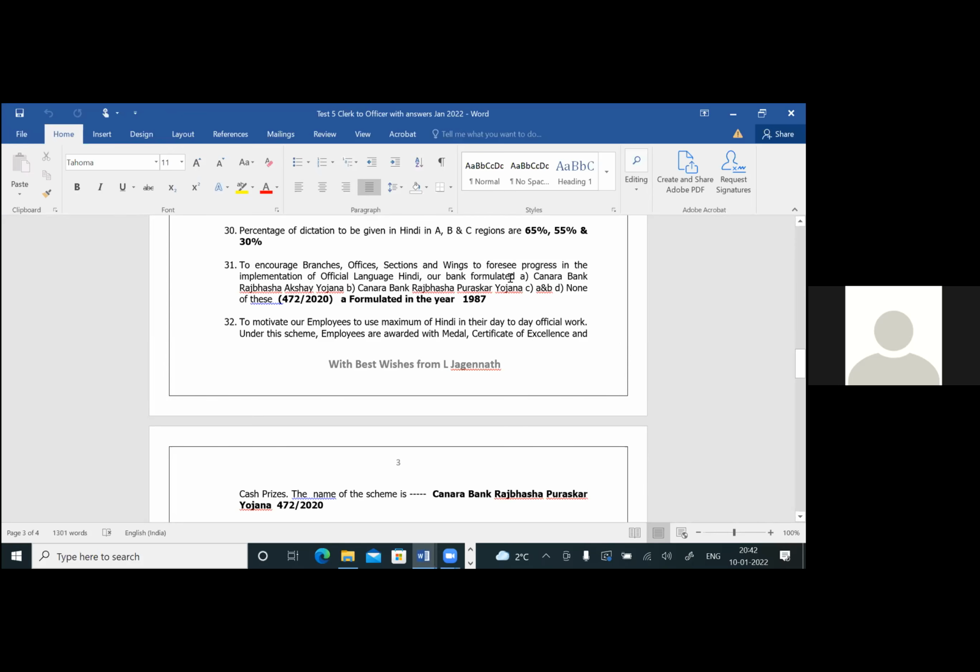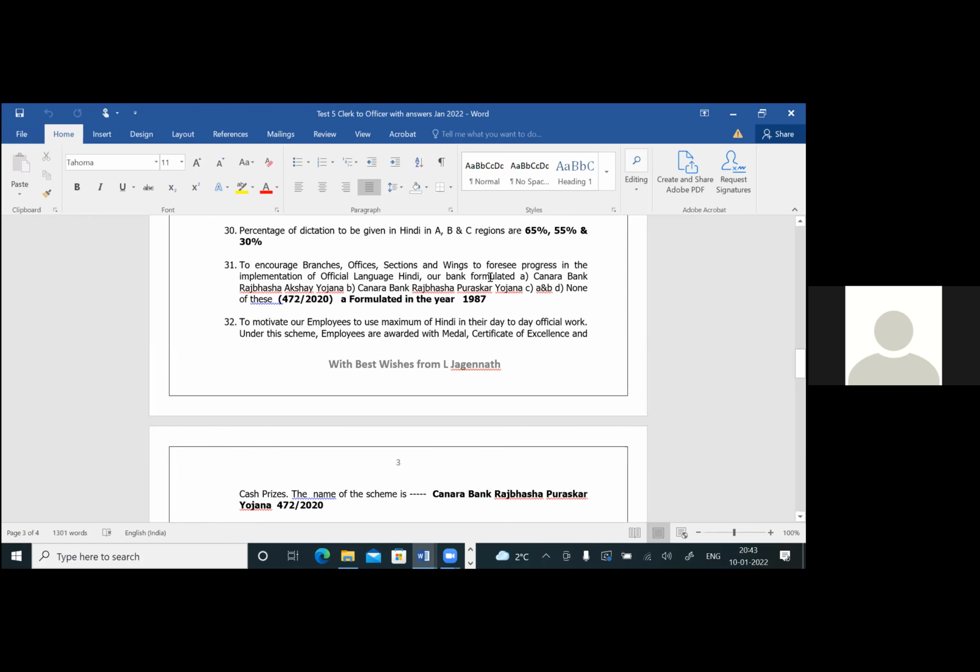That is, offices and branches have to use Hindi, you have to propagate Hindi. So for that, there is a scheme in our bank. Bank has also come out with various awards under the scheme. What is the name of the scheme? To encourage branches, offices, sections and wings to foresee progress in the implementation of official language Hindi, our bank formulated. Canara Bank.